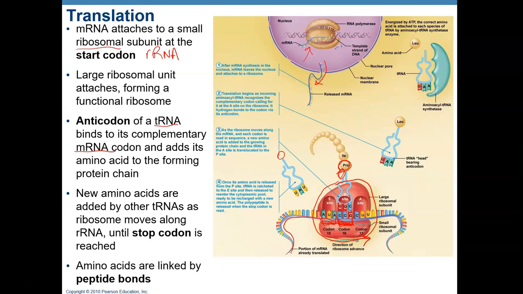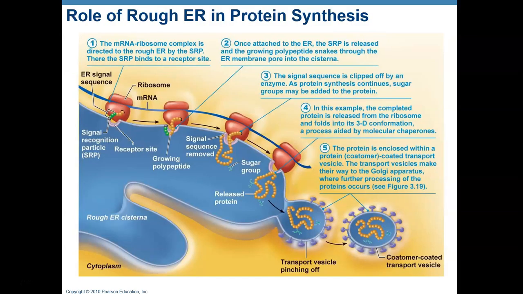And these amino acids, it's really important that you realize they are linked by peptide bonds, right? Because remember, we're making a polypeptide, so they are bound by peptide bonds. When we look at how the rough ER and protein synthesis is involved, it's obviously very important because it contains those ribosomes, and those ribosomes are sitting on the outside of the ER, and this allows kind of a place to catch a polypeptide that's being made or translated from this mRNA.